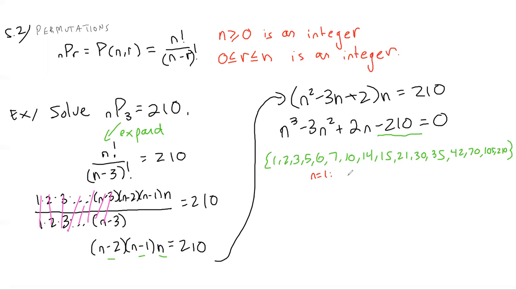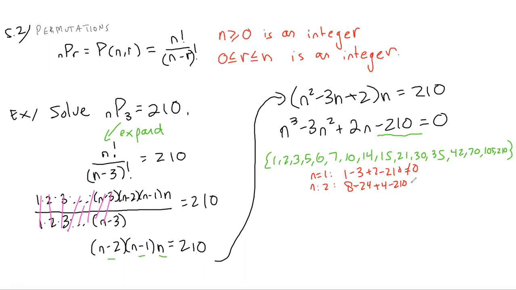n equals 1. It's not going to be 1, right? We get 1 minus 3 plus 2 minus 210, which is not 0. n is 2. 8 minus 12 plus 4 minus 210 is definitely not 0.